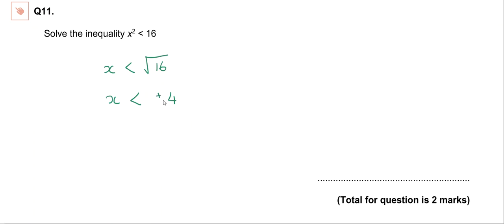Plus and minus 4. So if you've got x is less than 4, you get 1 mark. If you put x is between 4 and minus 4, you get both marks. But it had to be between the 2.